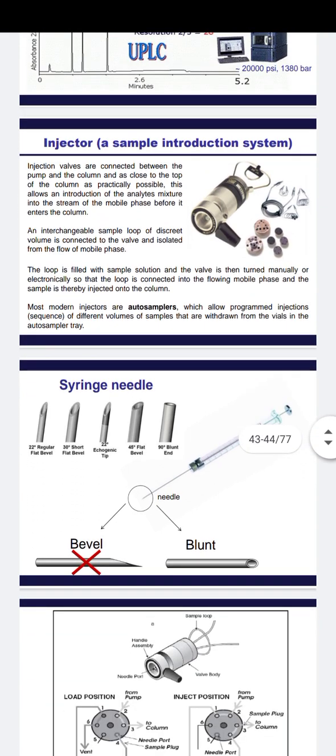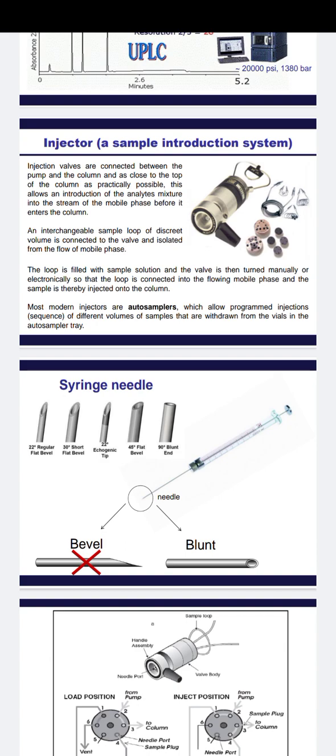Next is the injector. Injection valves are connected between the pump and the column and as close to the top of the column as practically possible. This allows an introduction of the analytical mixture into the stream of the mobile phase before it enters the column. An interchangeable sample loop of discrete volume is connected to the valve and isolated from the flow of mobile phase.